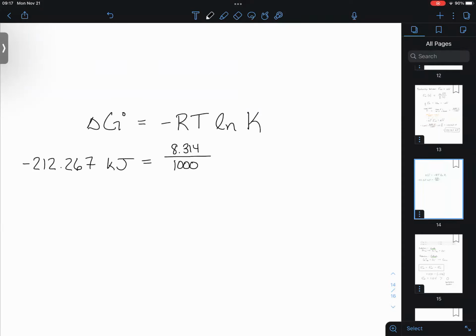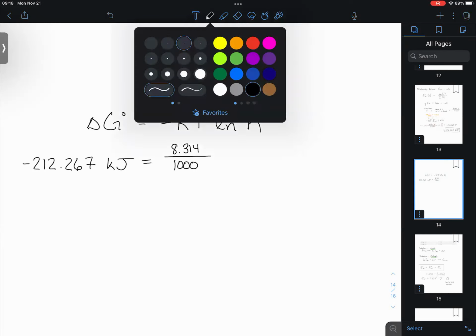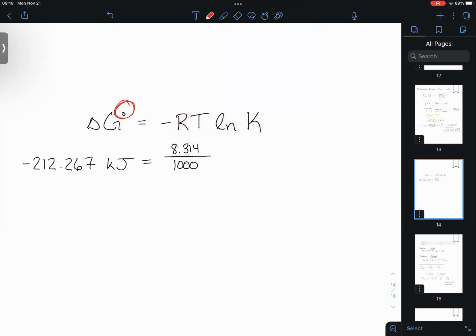How the heck am I supposed to get my temperature? Does anybody know? We can use the chat here. How would we get my temperature for this particular reaction? What does this thing mean?